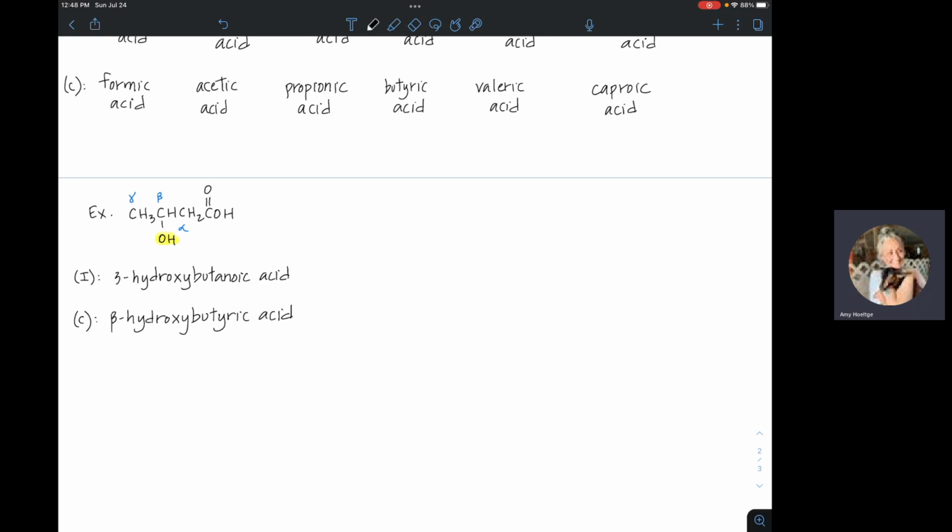Let's do one more. We'll do a line bond structure just to get used to dealing with those. I'm not doing stereochemistry because we don't have to worry about that when we're just learning how to name these. IUPAC nomenclature would tell us that the substituent is a methoxy group, and it's on carbon number 2.